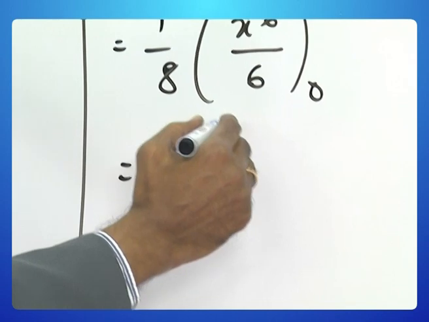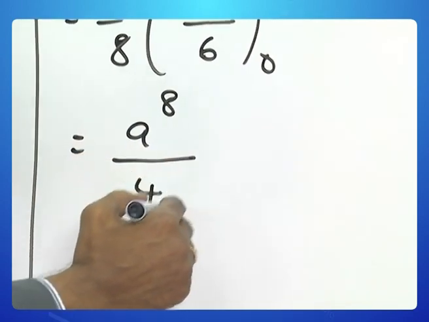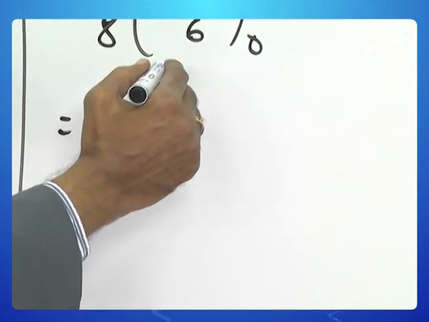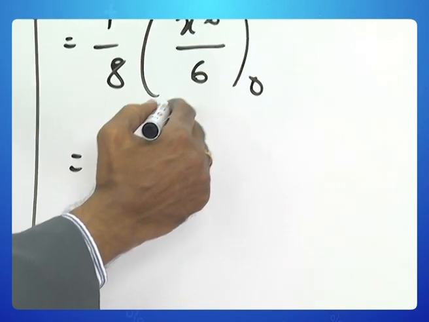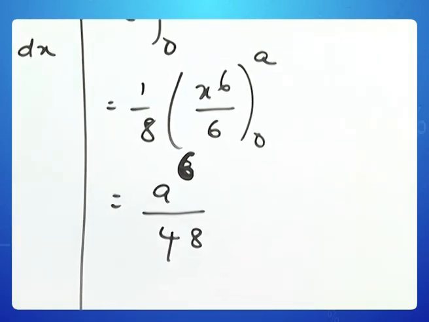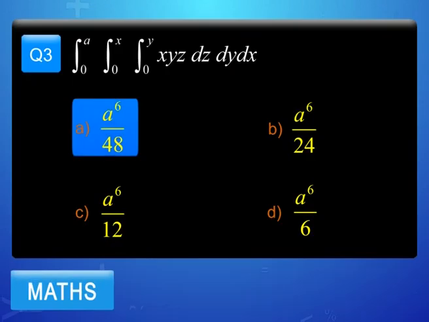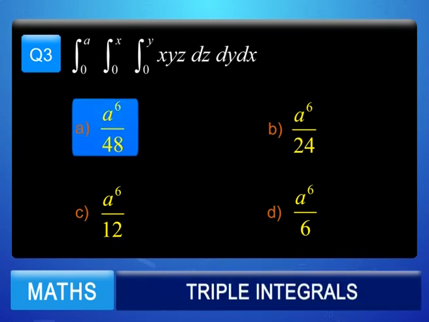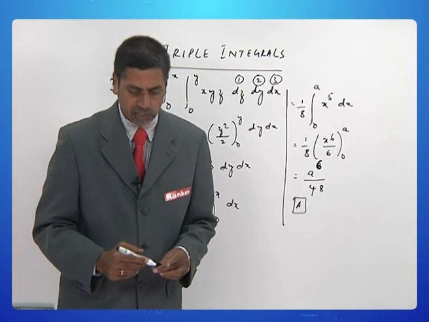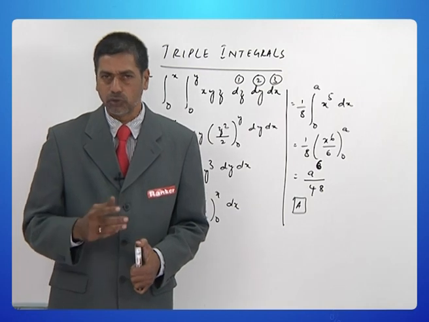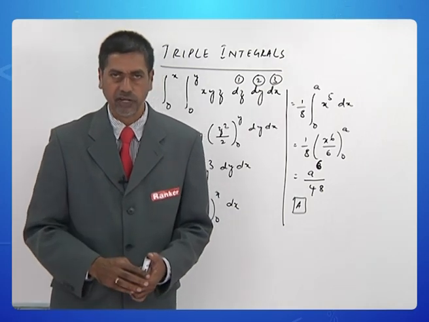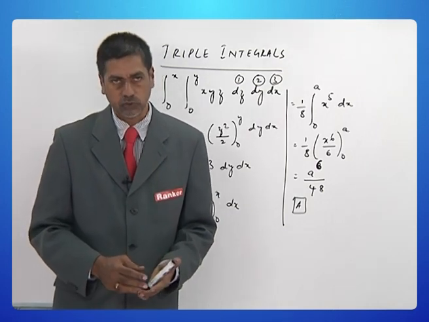So it is easily a to the power of 6 by 48, and the correct option is A. So one has to practice a few questions to know how to fix the correct order of integration. Let's go to the next question.